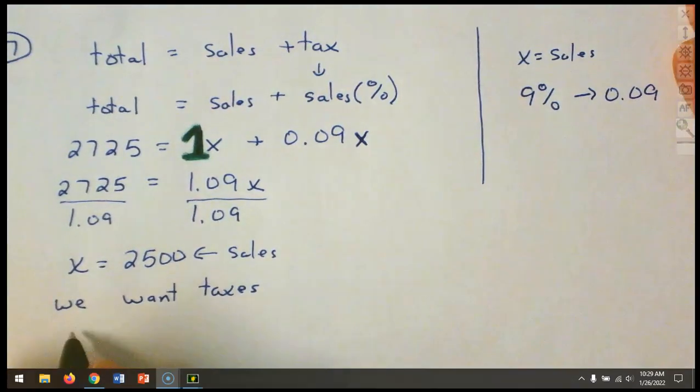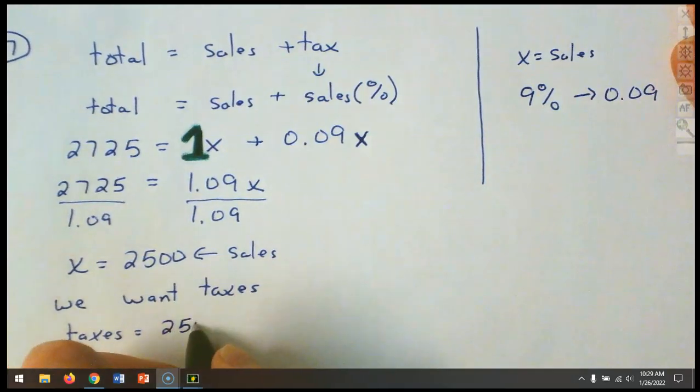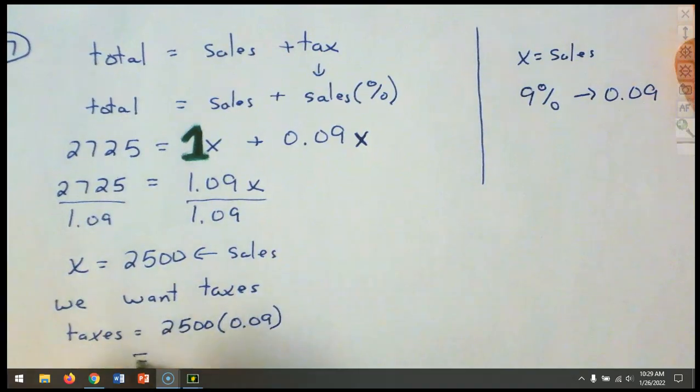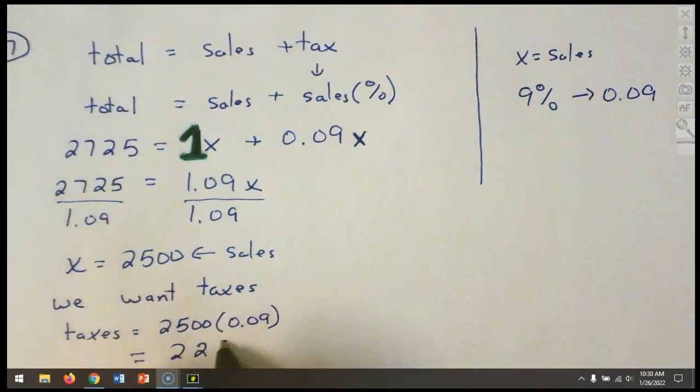Now the taxes is going to be 9% of the sales. So your taxes would be that 25 times 9%. And that then comes out to be $2.25. So that's what you're going to have to pay in taxes, right?